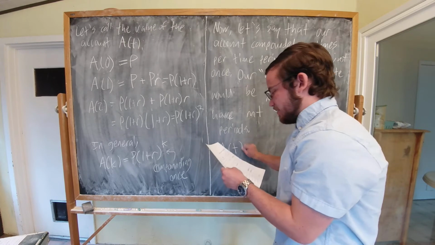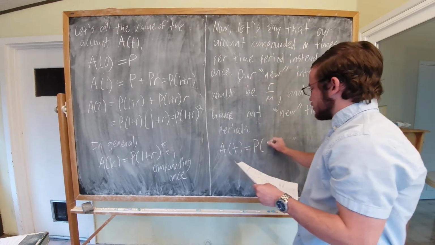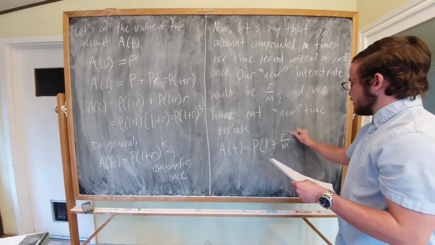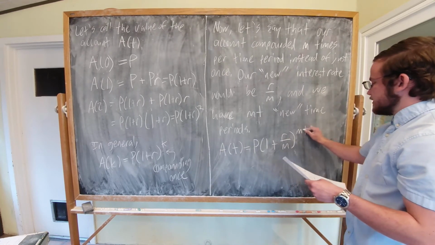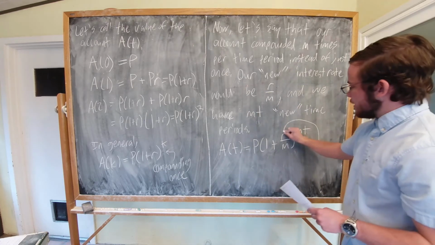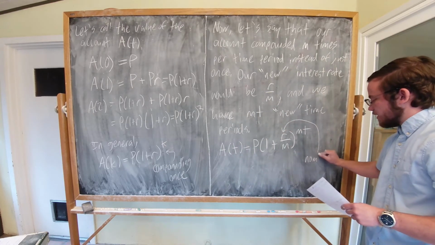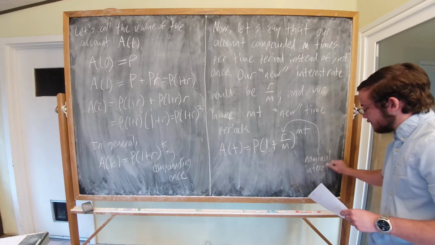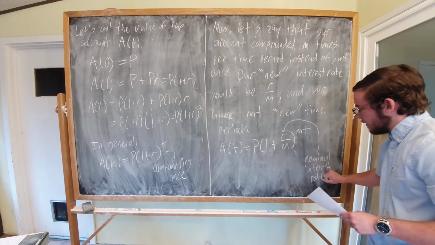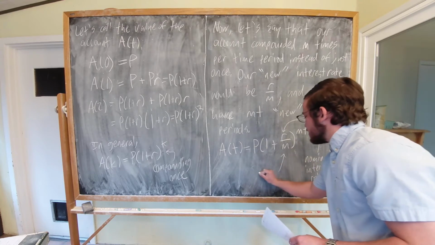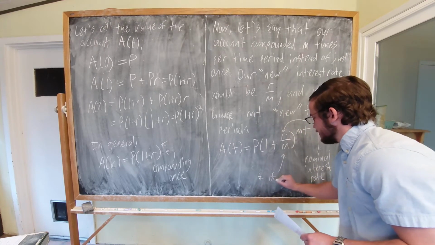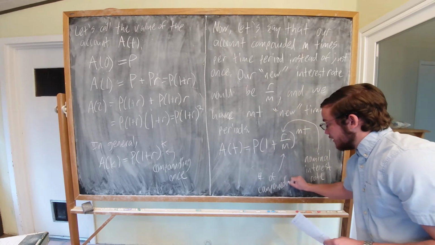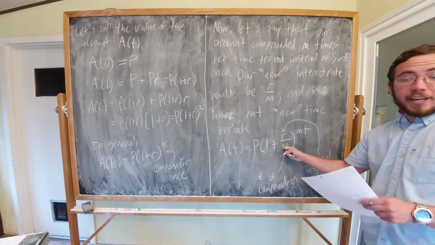So now our formula becomes A of t is equal to P times (1 plus R divided by M) to the MT, where R is going to be the nominal interest rate, M is the number of compoundings in a given time period. So if this were quarterly, M would be 4.